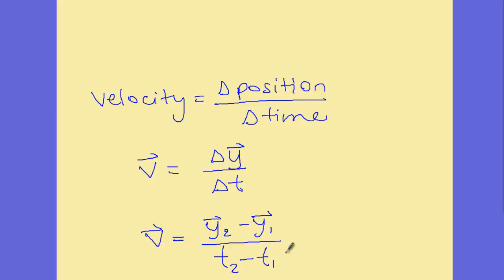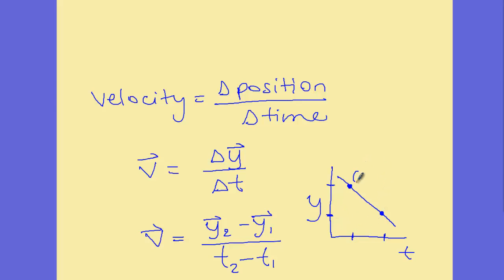And this is similar to what you think of when you think of a position time graph. So here's your time, and here's your position y, and you have some line along it like that. Your slope is your velocity. So when you have 2 points here, this will be your first point at time 1, and your first y position, y1, and this is your time 2 and your y2.